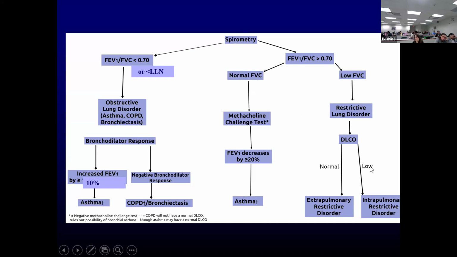I measure the diffusing capacity. If diffusing capacity is very, very decreased, I have intrathoracic restrictive defects. If the diffusing capacity is normal, I generally have an extrapulmonary restrictive defect.